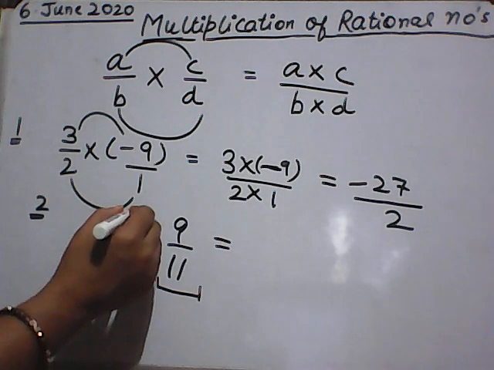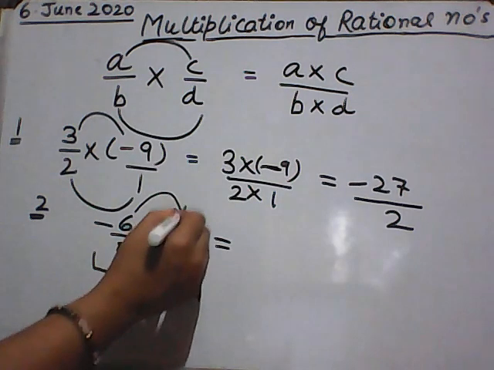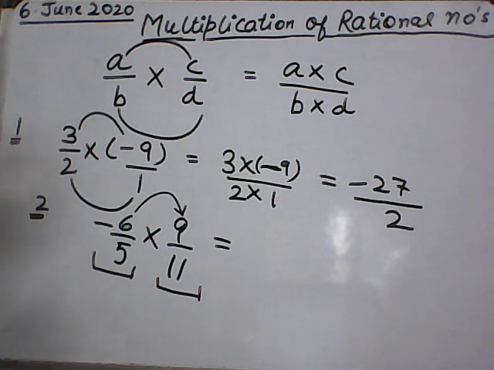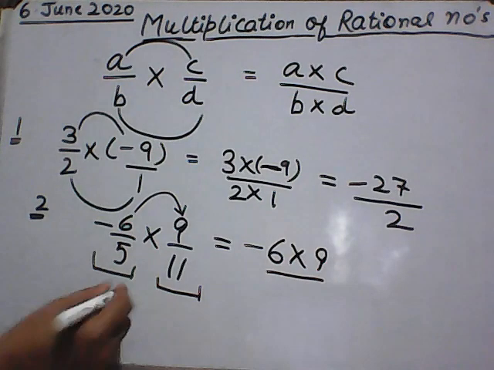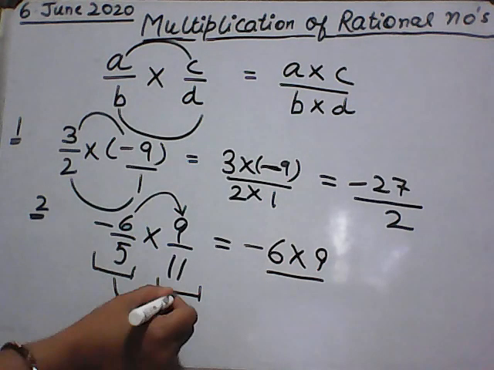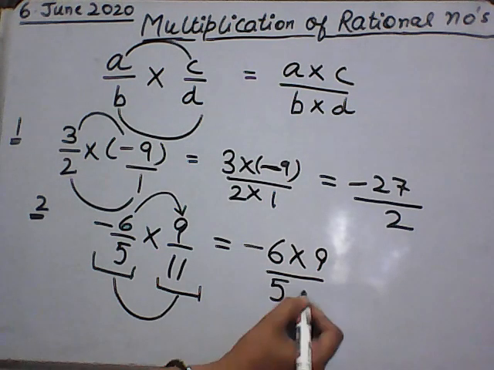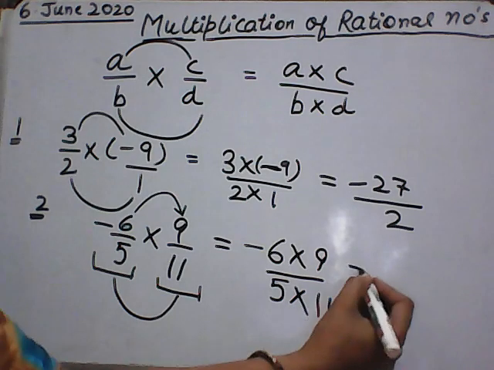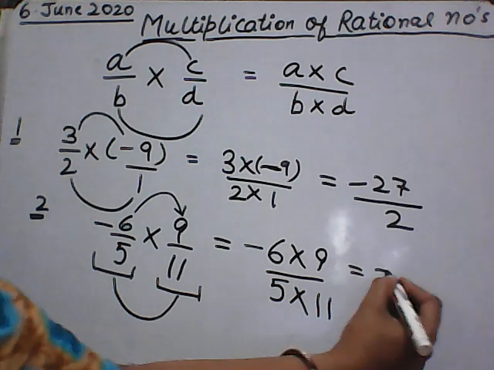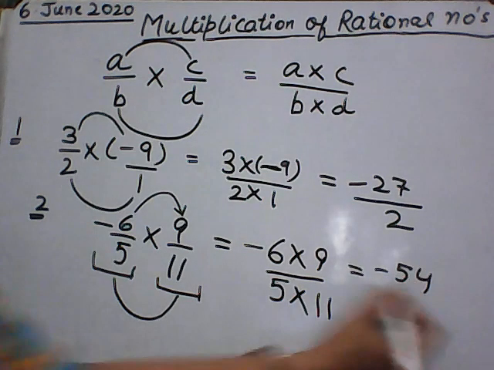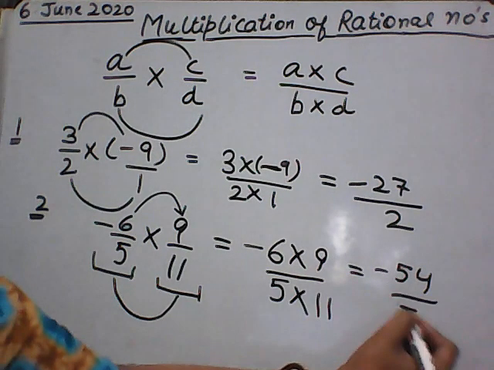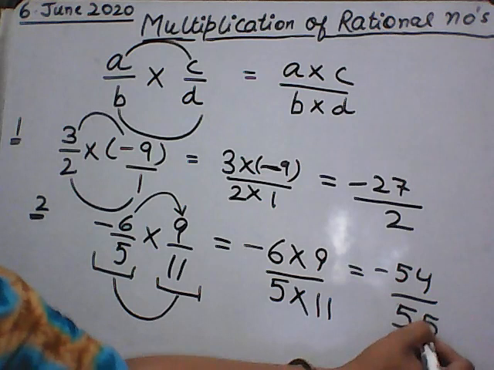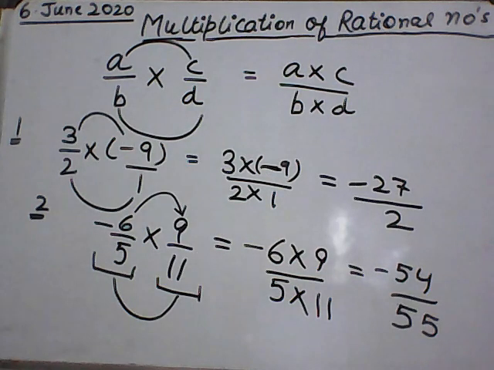Multiply the numerator of the first rational number with the numerator of the other rational number, minus 6 multiply by 9, and multiply the denominator with denominator, 5 multiply by 11. In this way we will get 6 nines are 54, plus minus minus, so put sign here minus. 11 fives are 55. In this way we will get our answer minus 54 by 55.